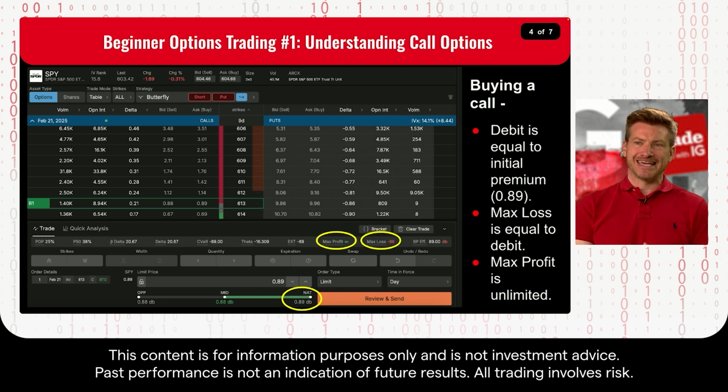So that debit would be 89 cents per share in this example. So that is $89 you would pay. Therefore, your maximum loss is $89, right? Maximum profit, as we said, is unlimited. Now that's going to change around when we show you how to sell a call option.